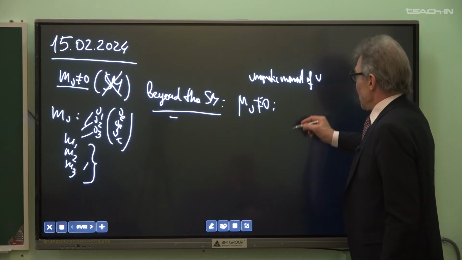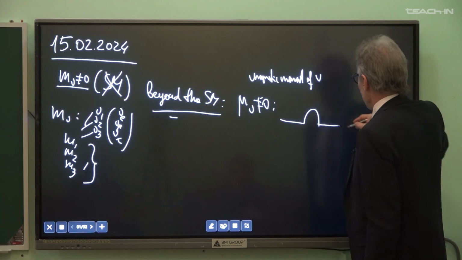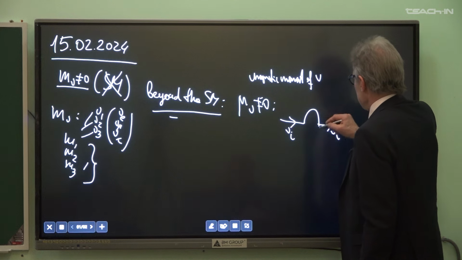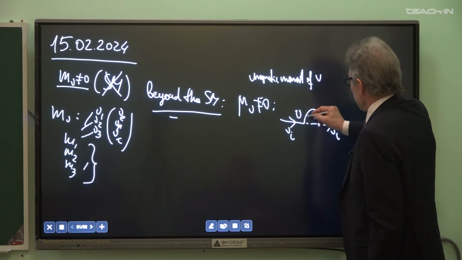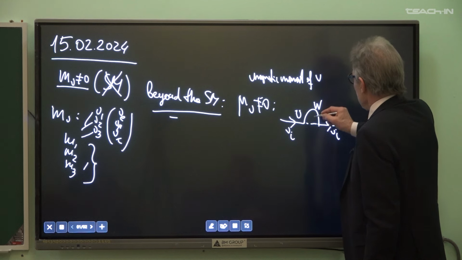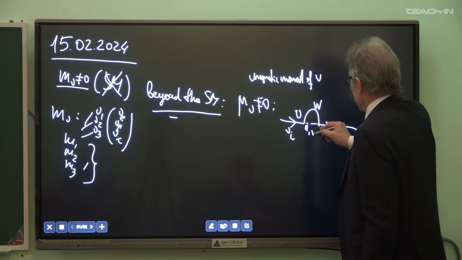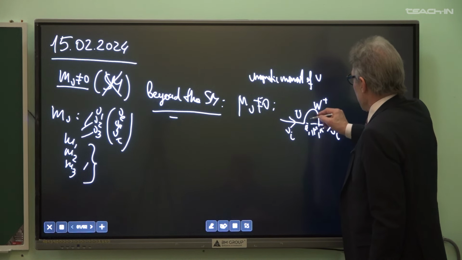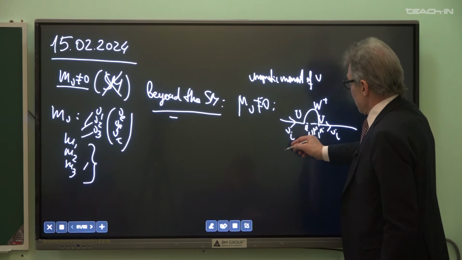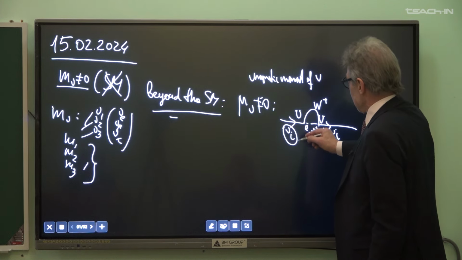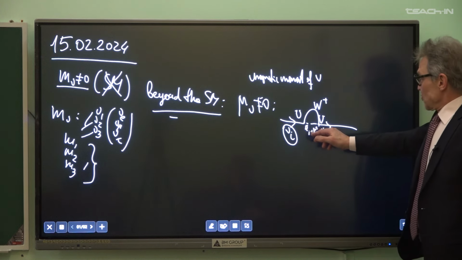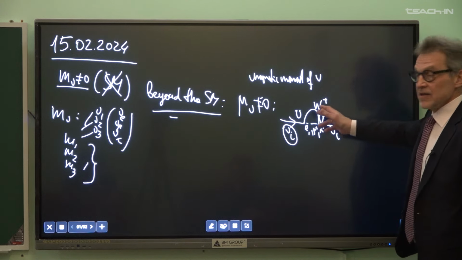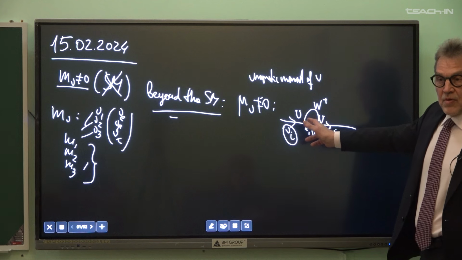The magnetic moment of neutrino comes from this kind of diagram. One loop: this is the mass state, this is the mass state, this is the mixing matrix, and this is W, and this is electron, muon, or tau, and this is W, and this is again mixing. So we express the mass states in terms of superposition of the three flavor states, electron, muon, tau, and each of these states should interact with the W boson.